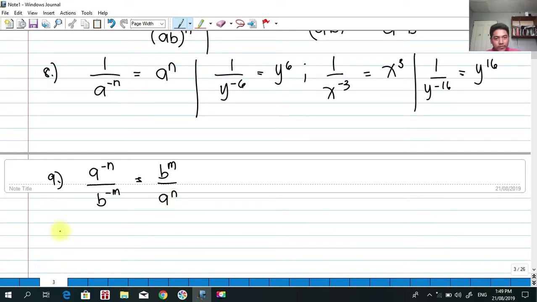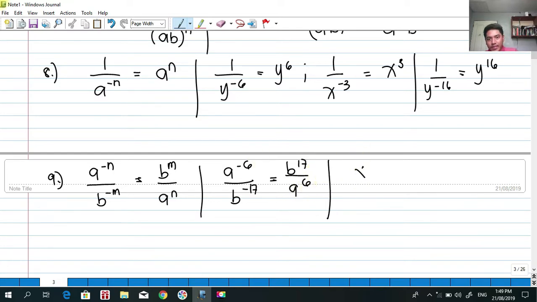Some examples: a raised to negative 6 over b raised to negative 17. If you want to eliminate the negative exponents, we have b raised to 17 over a raised to 6. Another example: x raised to negative 3 over y raised to negative 4. So we have y raised to 4 over x cubed.